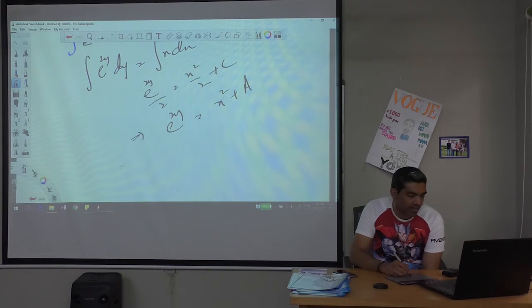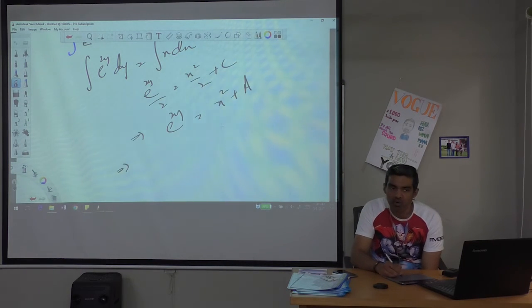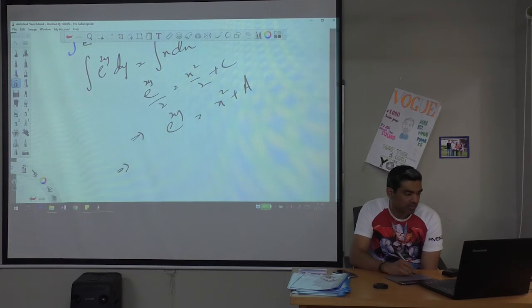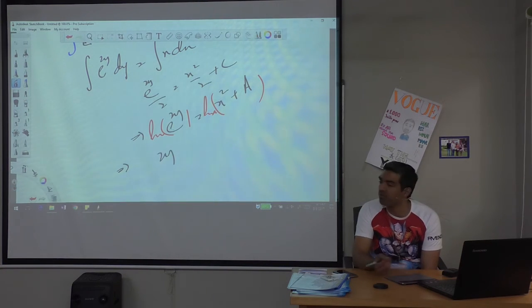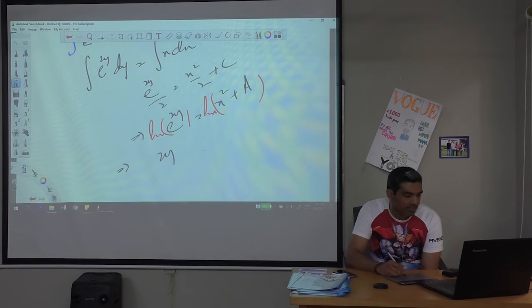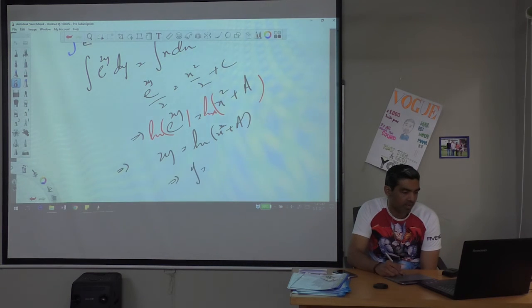Are we okay with taking ln on both sides? And this 2y will come down and ln of e is 1, so I don't need to mention that. This becomes just ln of x squared plus a. And then I can say y equals half ln of x squared plus a.